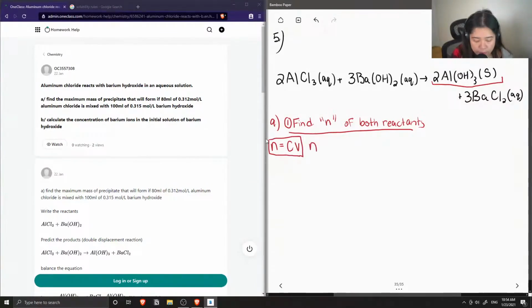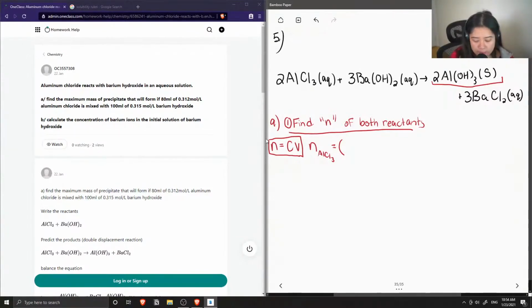So the number of moles of aluminum chloride is equal to, I'm going to convert my 80 milliliters to liters just so that my liters can cancel out when I multiply by the concentration.